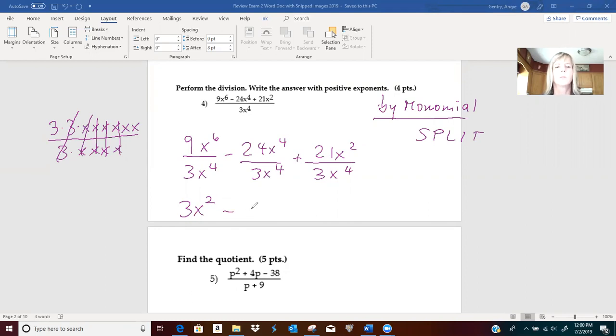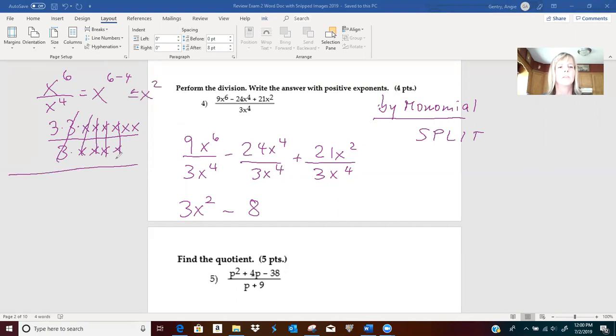Negative 24 divided by 3 is 8. X to the 4th over x to the 4th is x to the 0, which is 1, or they all cancel. Here, x to the 6 over x to the 4th is technically, if you want to use the quotient rule, 6 minus 4, which is x squared, you see?